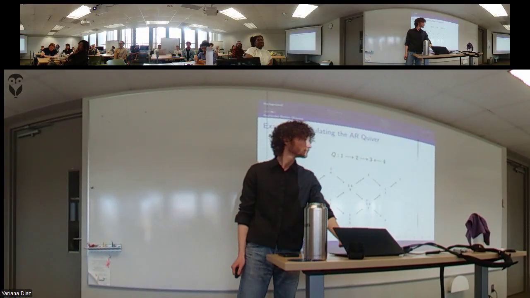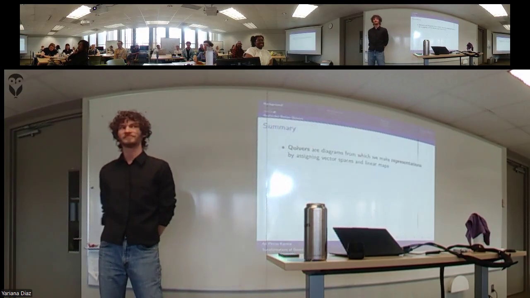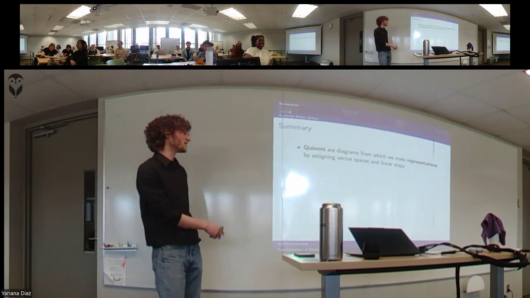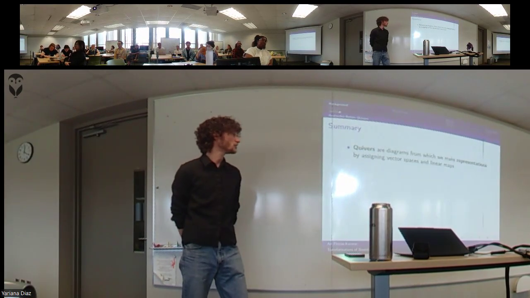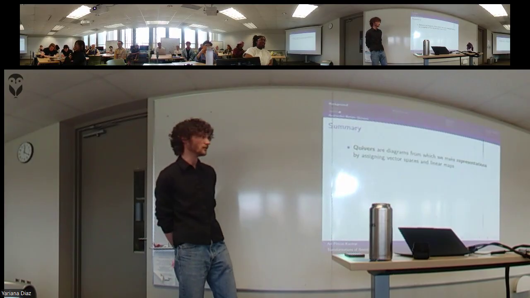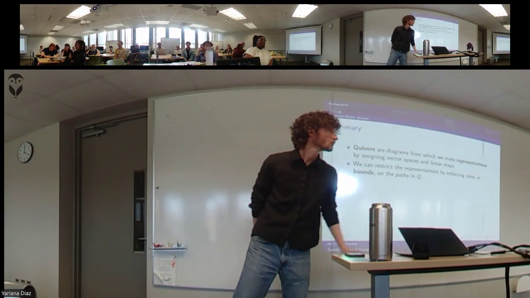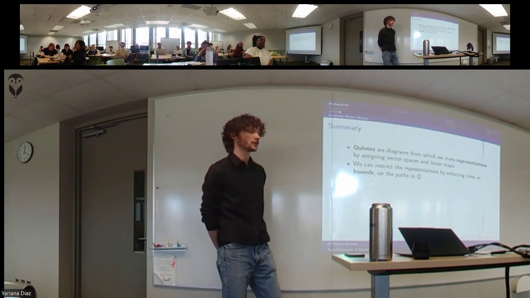So that's the end of the background. That was a lot of information, so let's stop and summarize for a minute. Quivers are these diagrams from which we can make representations by assigning vector spaces to the points and linear maps to the arrows. We can restrict the representations by enforcing these rules that we call bounds on the path structure of our quiver.